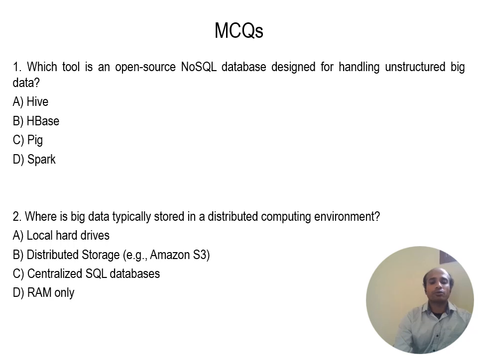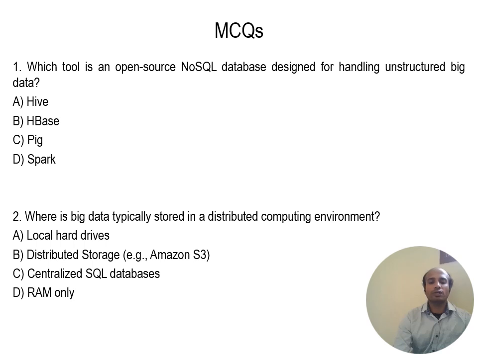Okay. Let us move on to the next question: where is big data typically stored in a distributed computing environment? The options are local hard drives, distributed storage, which is Amazon S3, centralized SQL databases, and the last option, RAM only, random access memory.